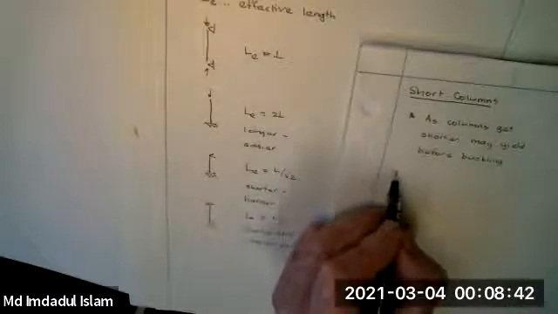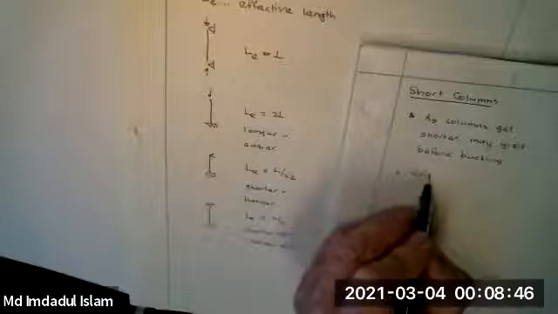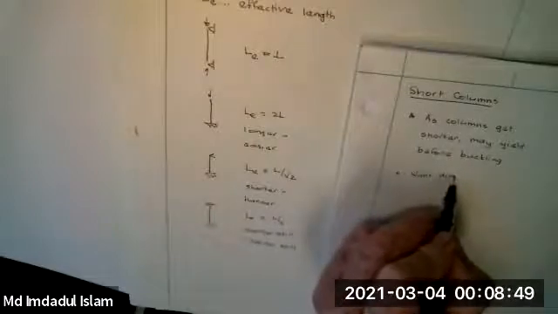So in order to decide what happens, we want a dimensionless length ratio.